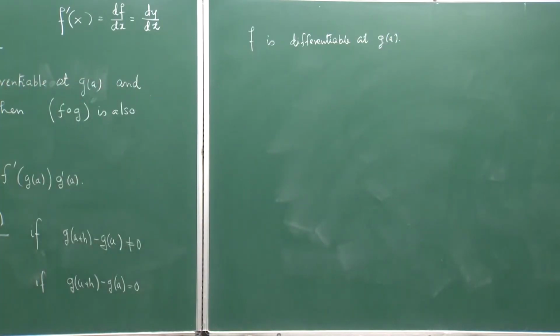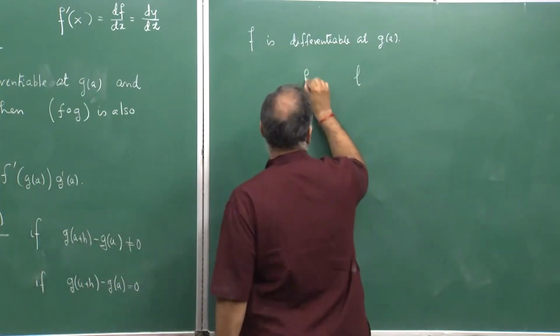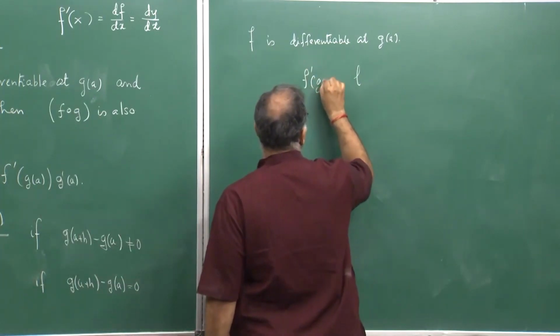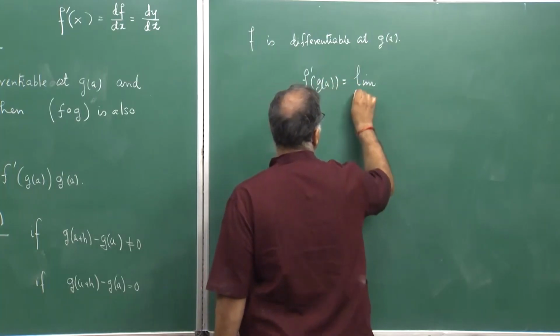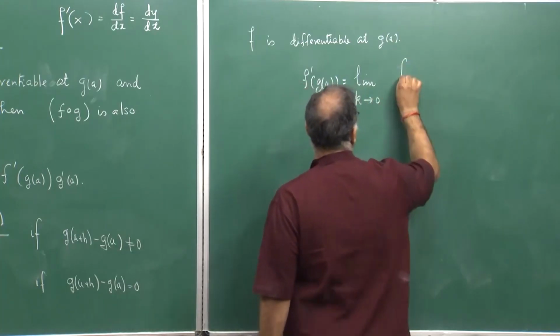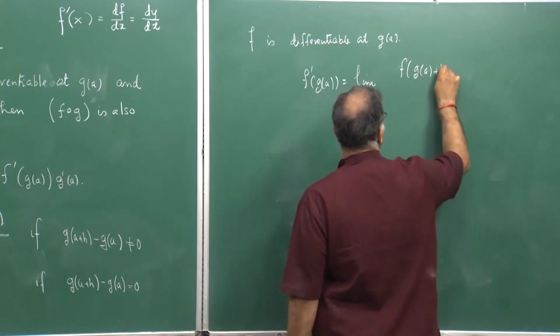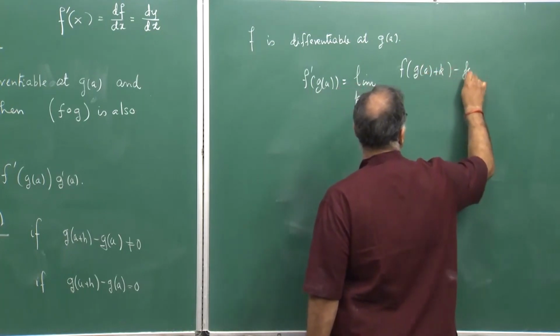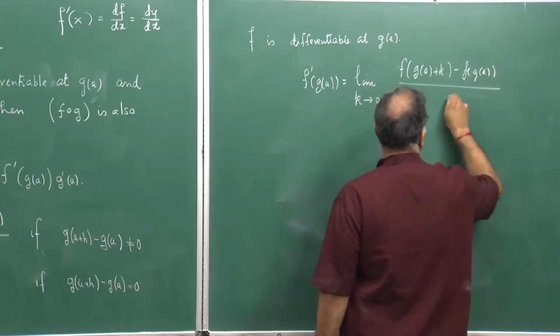What does that mean? It means the following: f dash of G(A) is equal to the limit, k tends to 0, of f of G(A) plus k minus f of G(A), divided by k.